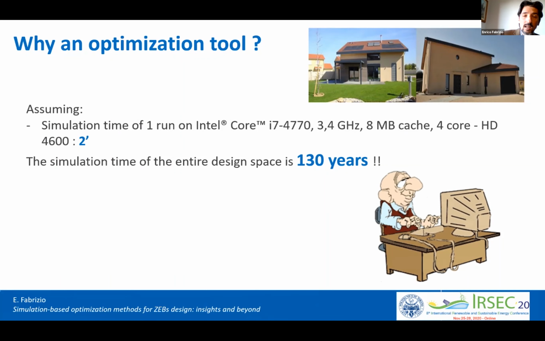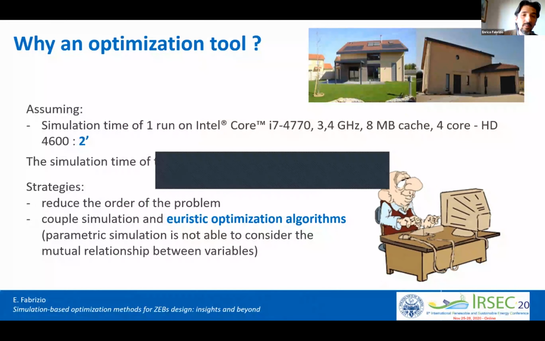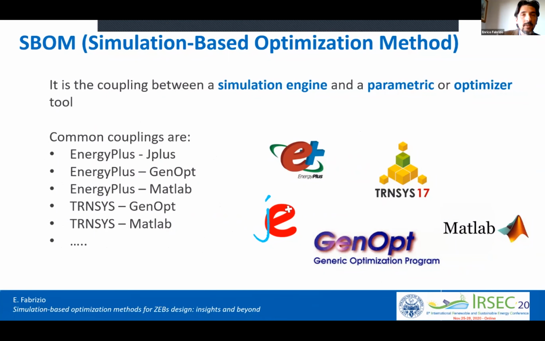The first way may be to reduce the order of the problem, so to use reduced order models and couple those reduced order models with an optimizer or with some parametric designers. The second way is to couple the simulation with some heuristic optimization algorithm, so to use an external optimizer coupled to the simulation engine.